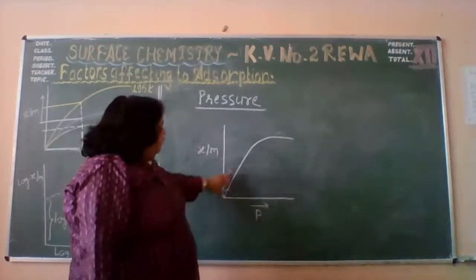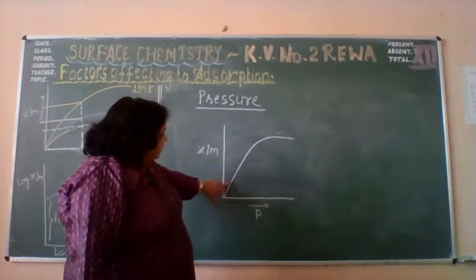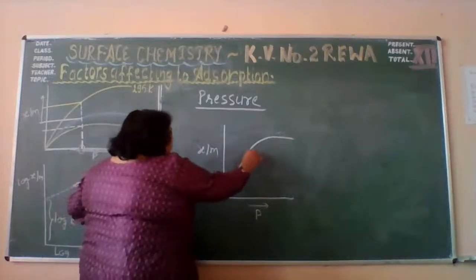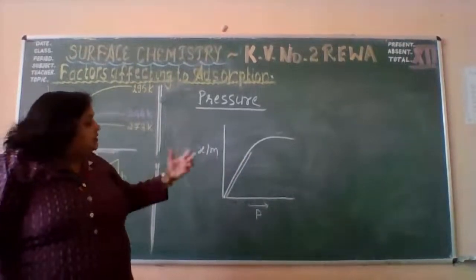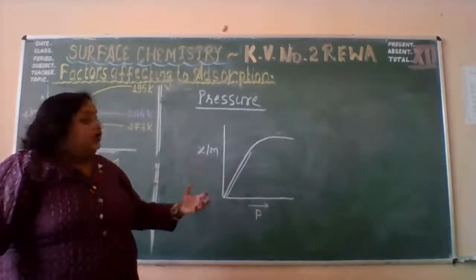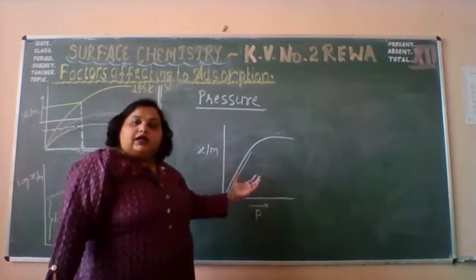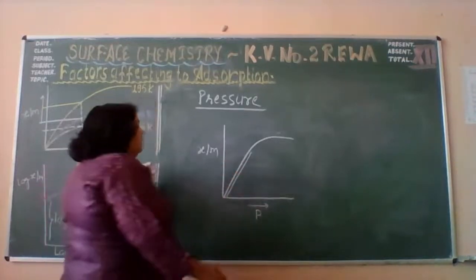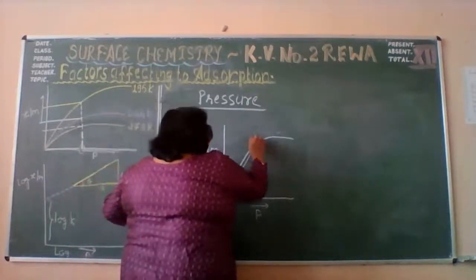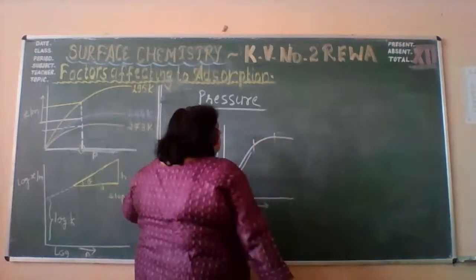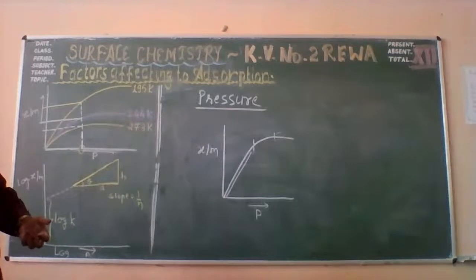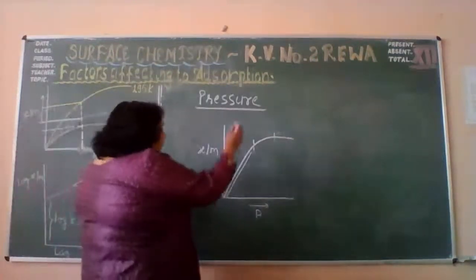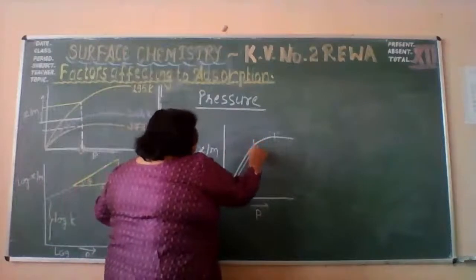In the beginning, you have seen here, up to this point, it's linear, an inclined straight line graph. Then at this point, you find the curve. This is the area that is the curved one. I can divide this graph into 3 parts.